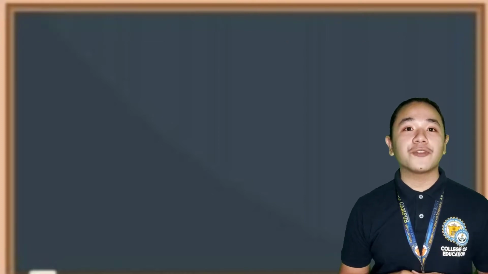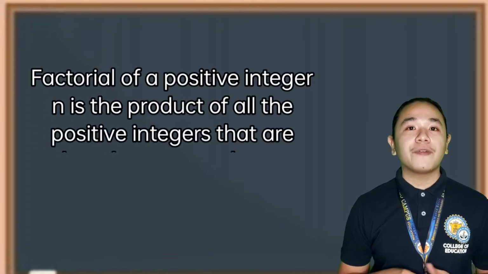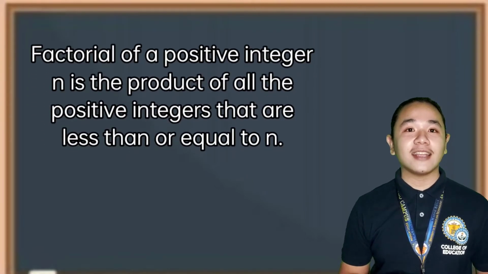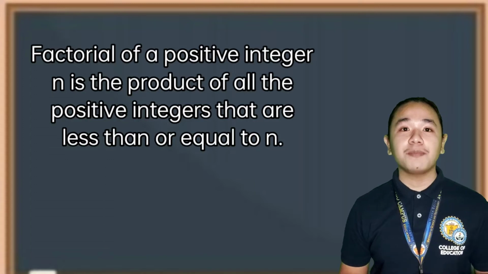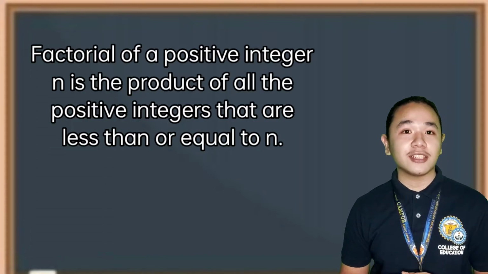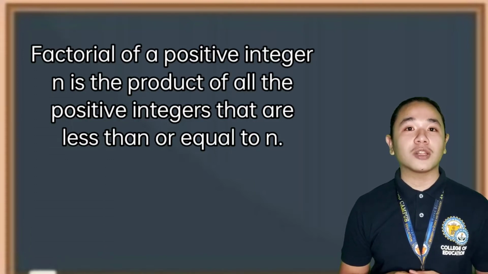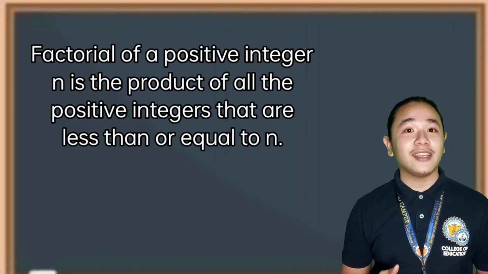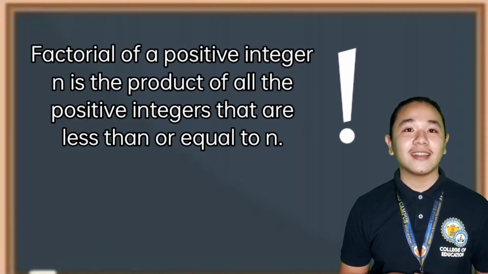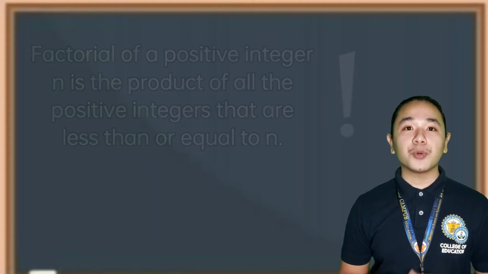So to those students who forget about the factorial, let me define what it is. The factorial of a positive integer n is the product of all positive integers that are less than or equal to n. And just so you know, the notation for factorial is the exclamation mark. So suppose you have 5.